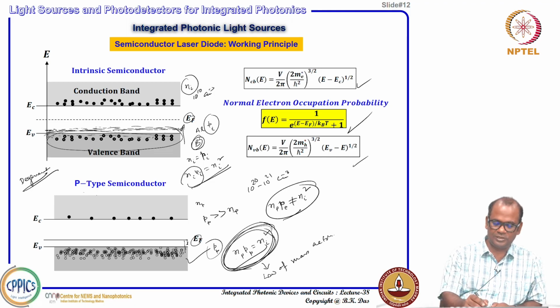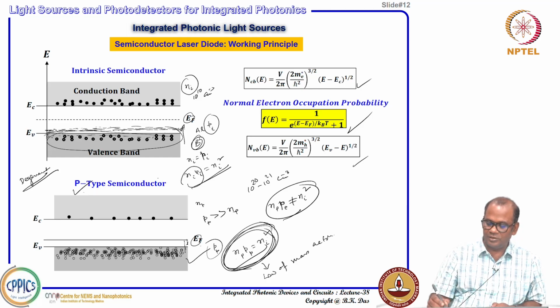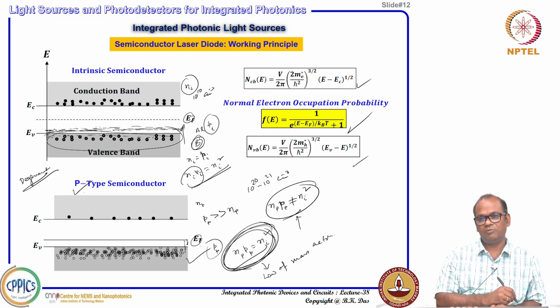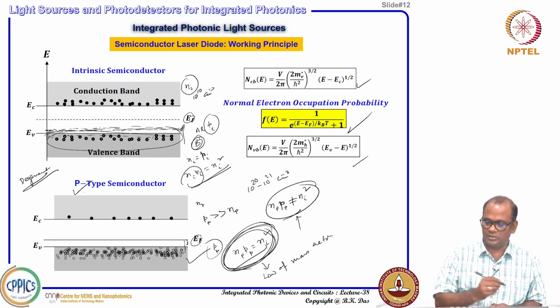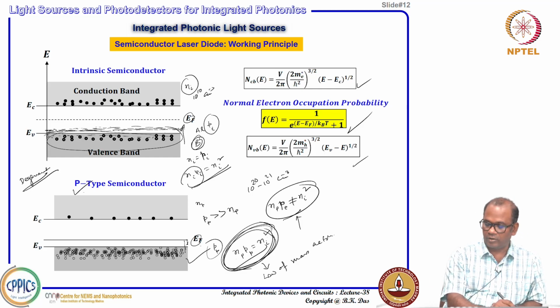This is shown for p-type semiconductor; for n-type semiconductor the situation is identical, and the Fermi level can push inside the conduction band. So a degenerate semiconductor is required, and it will not follow the law of mass action. That is one of the important requirements for the semiconductor laser. I will be discussing it very quickly.